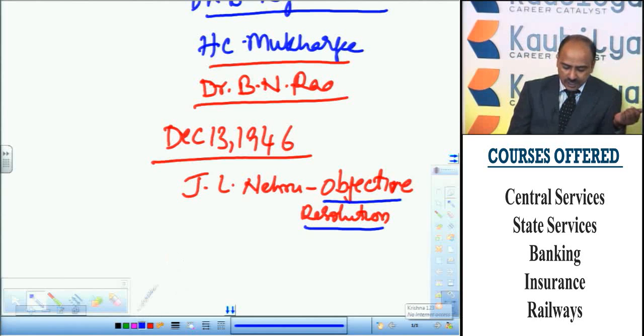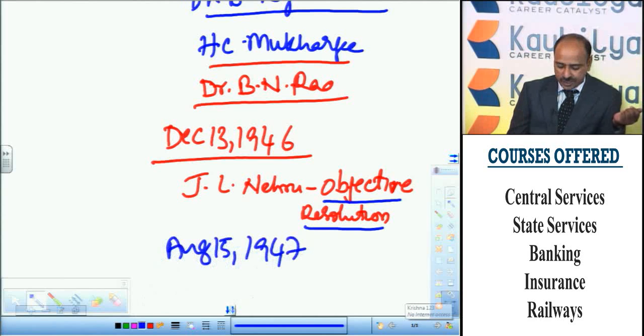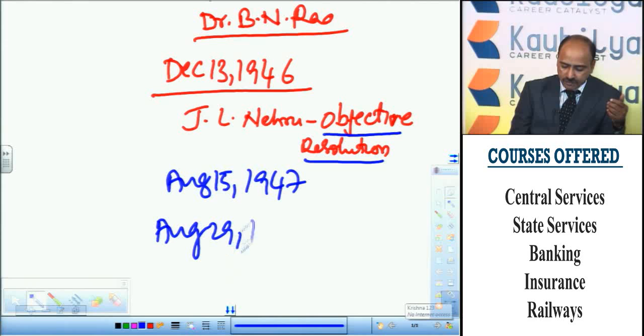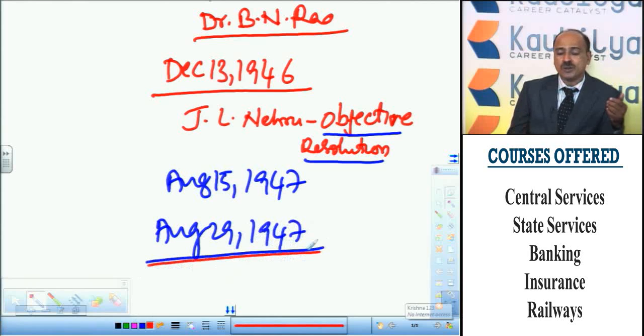A special meeting was conducted on August 15th, 1947. After that, on August 29th, 1947, the most important meeting was conducted, in which different committees were appointed in our Constituent Assembly.